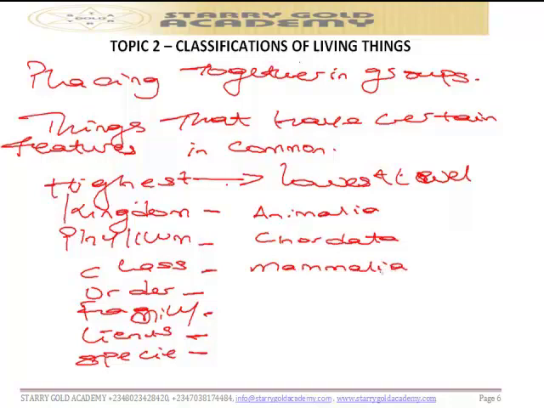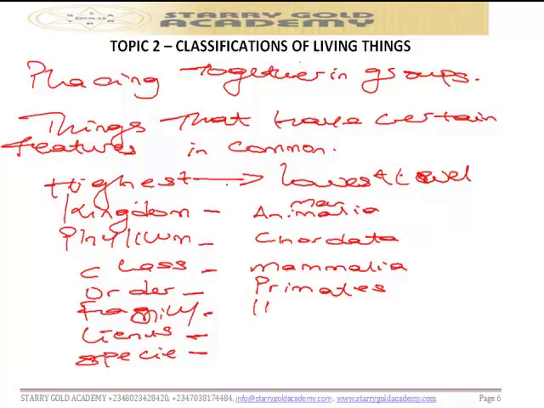Mammals are animals that are able to give birth to their young ones alive. They tend to breastfeed them and also have some other characteristics. The order of man is Primates. Man are primates. That is, they have forward facing face. They are able to stand erect, and so on and so forth.